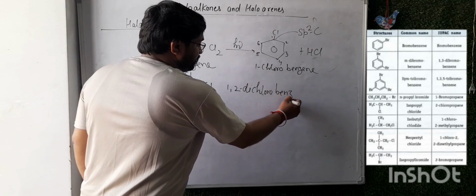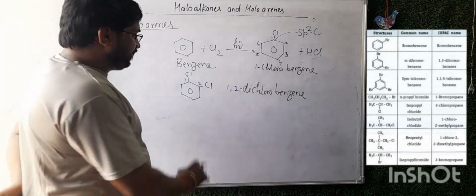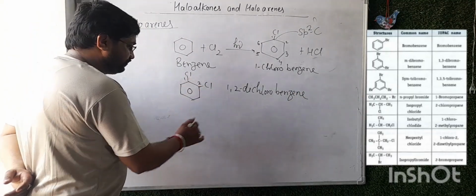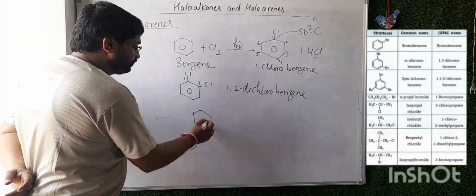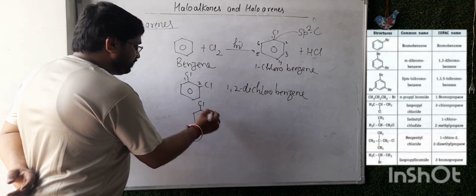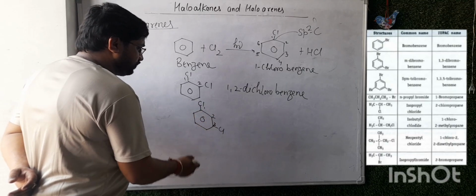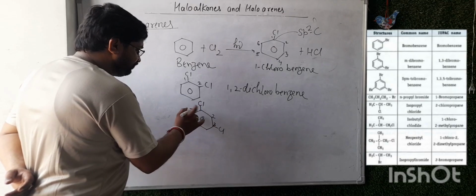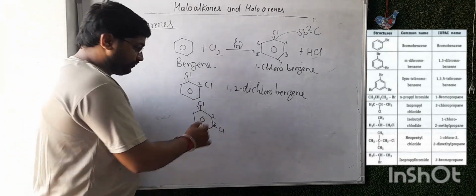benzene. This is the simple structure. Clear? 1, 2. Now we have changed their position, now we have come to 1, 3. So don't worry, we are giving all the concepts here: 1, 2, 3. So this is the first, second, third, and somebody asks why you are not coming from this side, that means anti-clockwise.